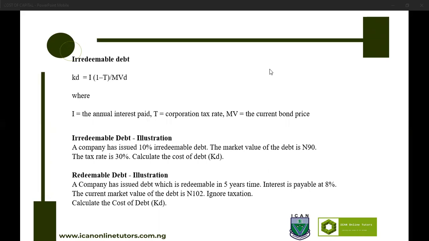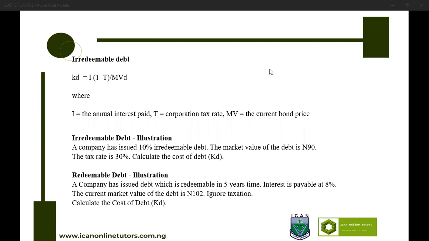Illustration. A company has issued 10% irredeemable debt. The market value of the debt is 90 naira. The tax rate is 30%. Calculate the cost of debt.